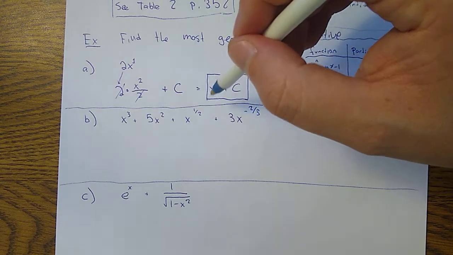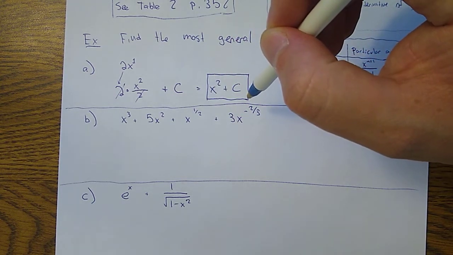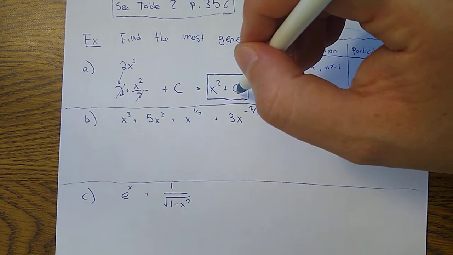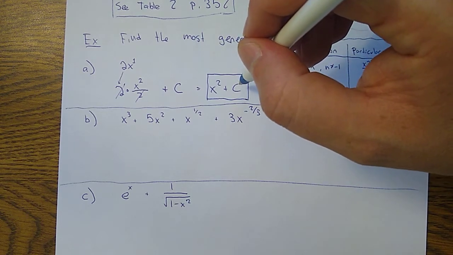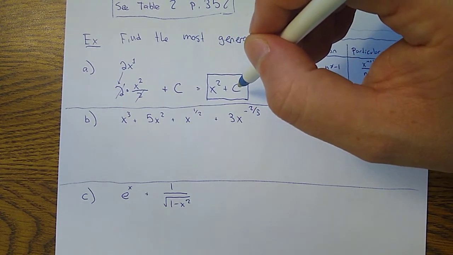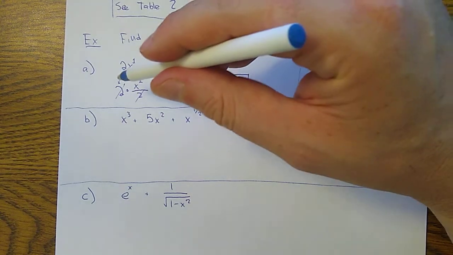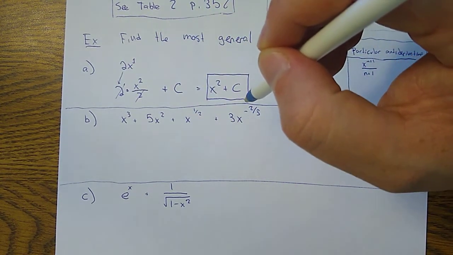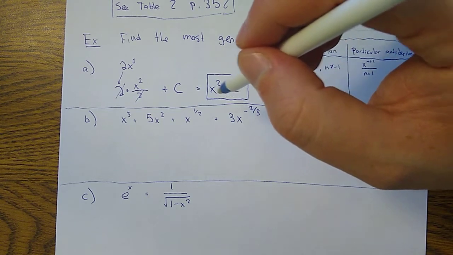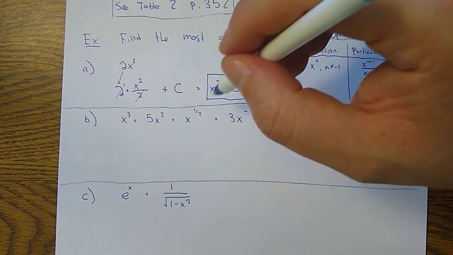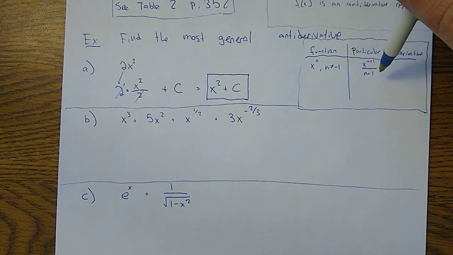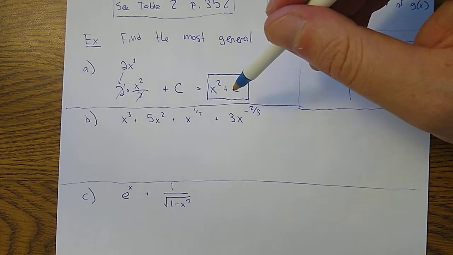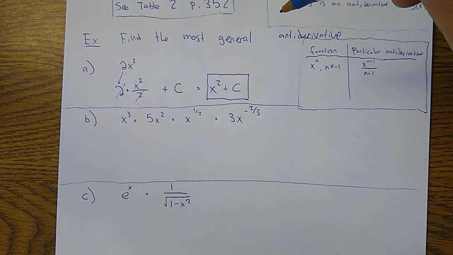So my function doesn't have to be x squared. My function could be x squared plus 2, or x squared plus 7, or x squared plus really any constant, and its derivative would still be 2x. So that's what we mean by the most general antiderivative. Typically, you just find a particular antiderivative, and that's what the table tells you. And then when you're done, you just write plus c on your answer.